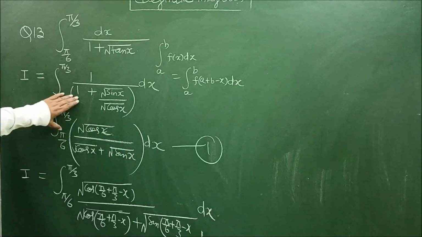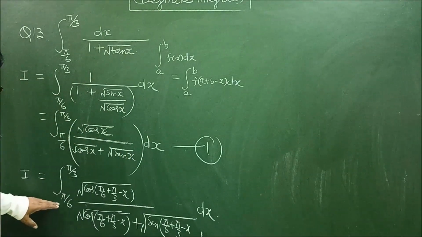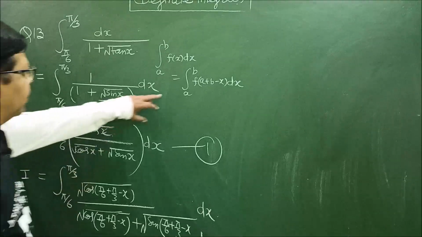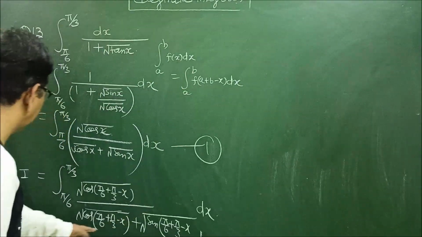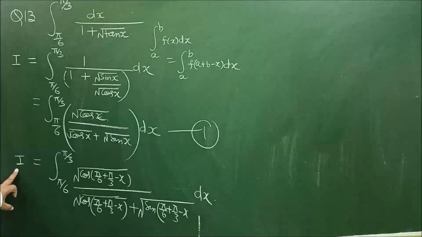So this original integral and this has the same value, the integral formed by replacing x by a plus b minus x. So this also has the same value I.